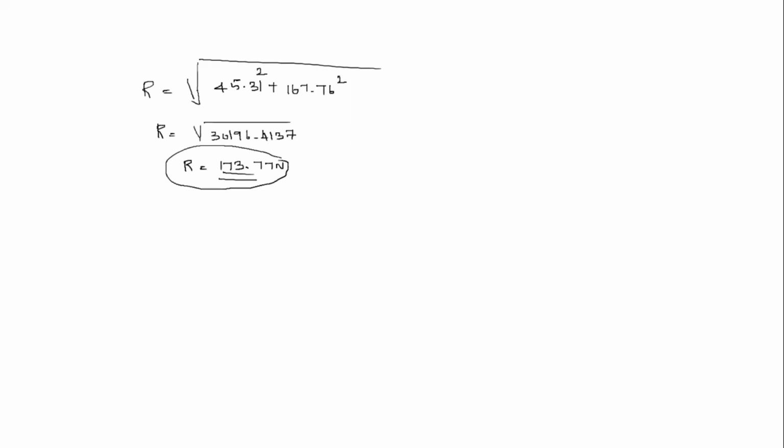Now we have to calculate the angle at which this resultant is acting. Tan theta is equal to, we know the formula, summation of vertical forces divided by summation of horizontal forces. The summation of vertical forces is 167.76, divided by the summation of horizontal forces, 45.31, right.